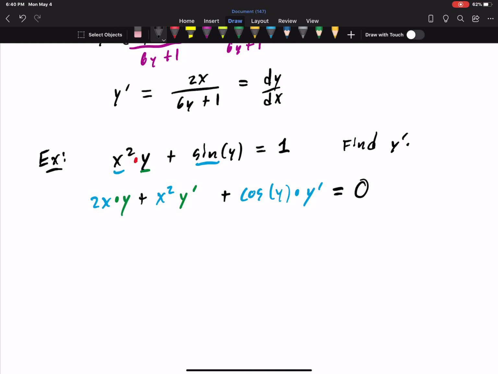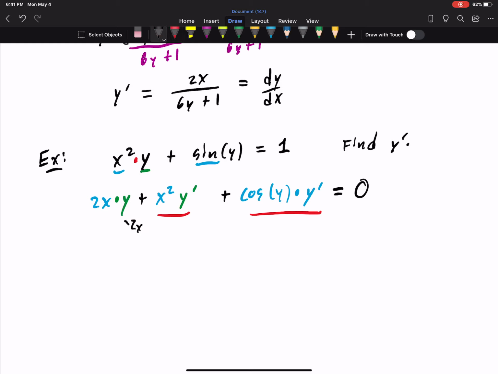Now the goal is to get your y prime by itself. Notice that this term and this term have a y prime. The first term does not. So all the terms that do not have a y prime, we're going to subtract over to the other side. I'm going to subtract 2xy from both sides.